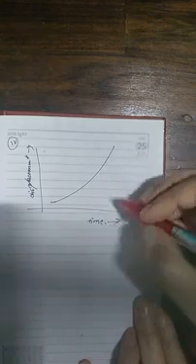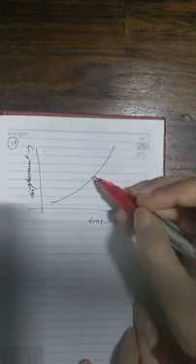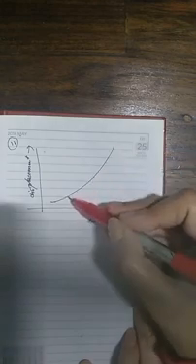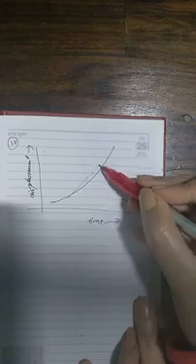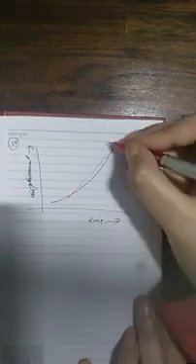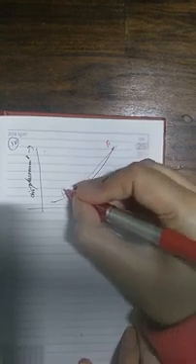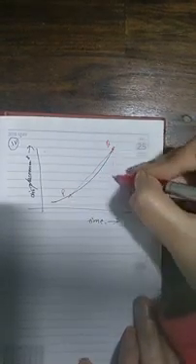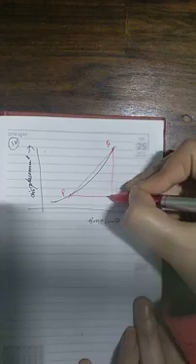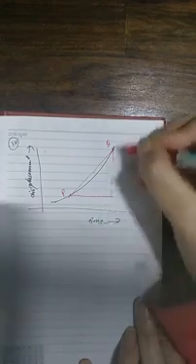So how do we find the average velocity? We draw a line over here. This point, let us consider it as Q. This point as P. Now let us draw a triangle. Considering 2 points, we draw a triangle.